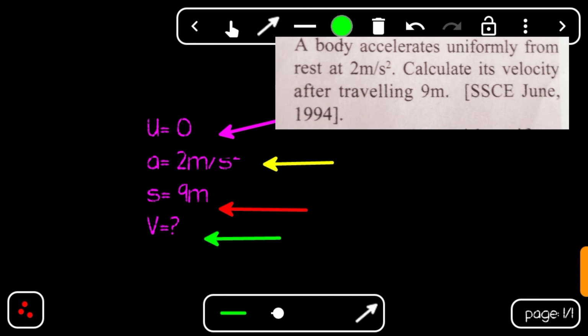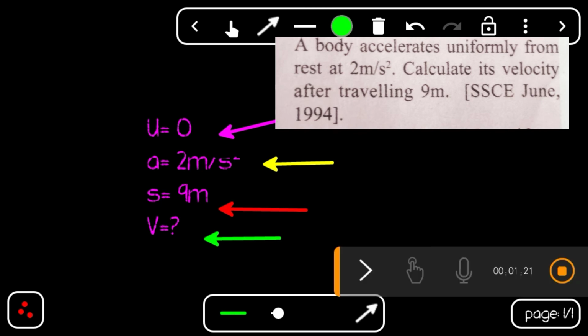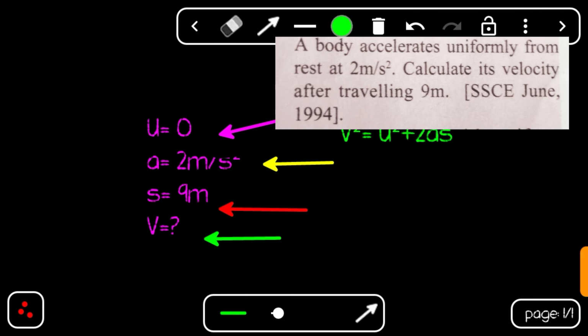Let's see which formula supports this. The third formula, which is v square equals u square plus 2as, is the formula that fits. Why? In this formula we have v, and v is also in our question.